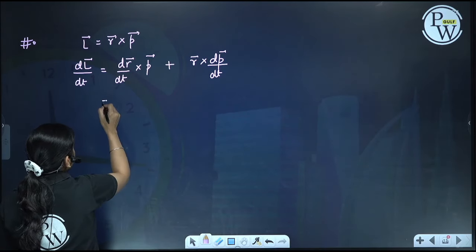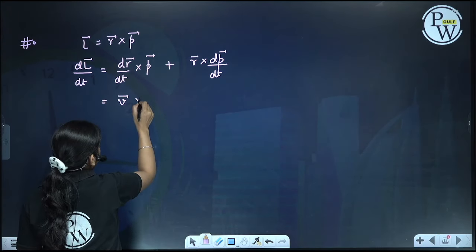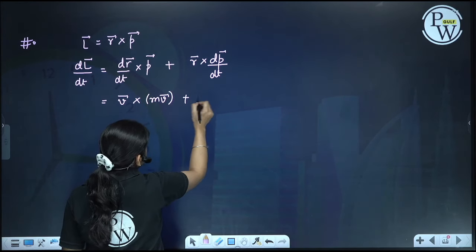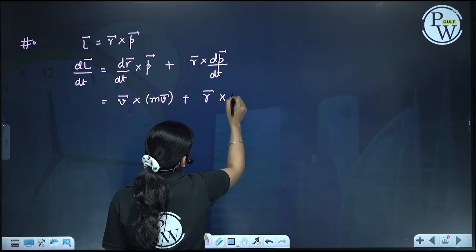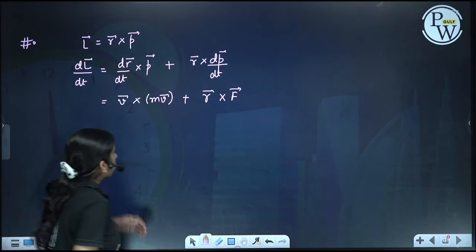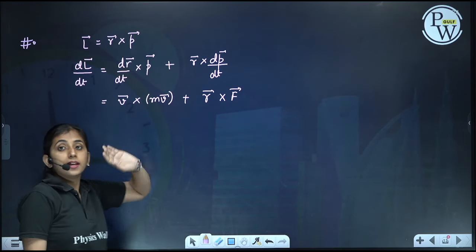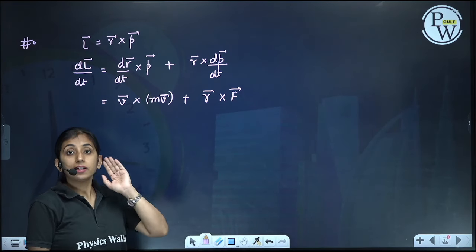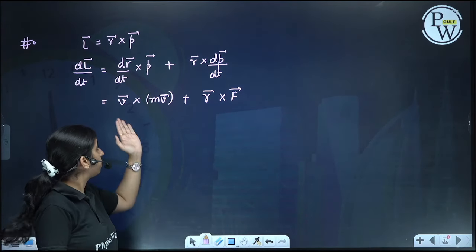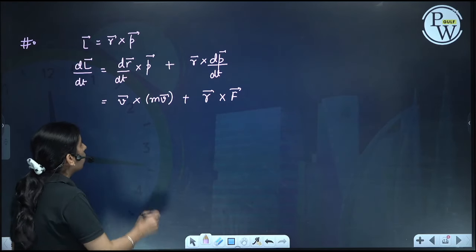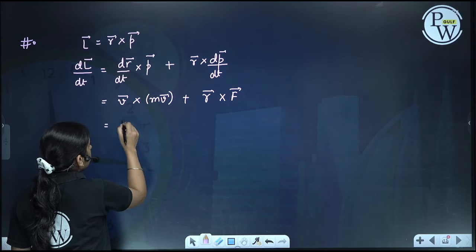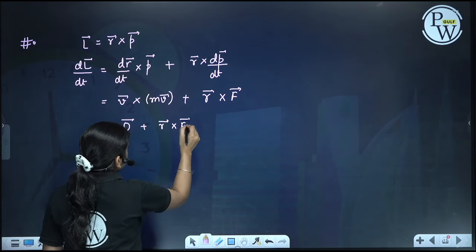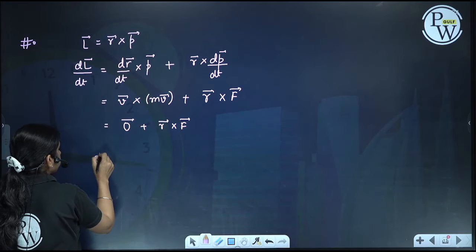Now dr by dt is V and linear momentum is mv, plus R cross dP by dt is F. Cross product of two similar vectors: there will be zero angle between P and V. P is just mv. V cross V will yield 0. So this will be a null vector plus R cross F. So from here R cross F is tau.